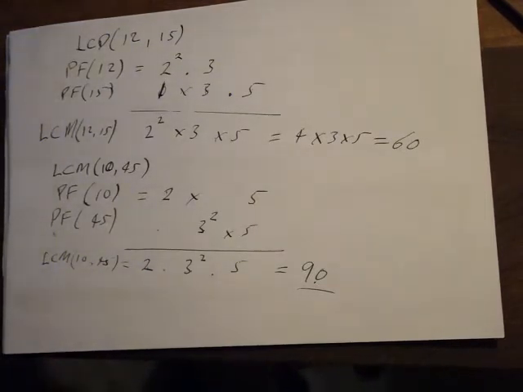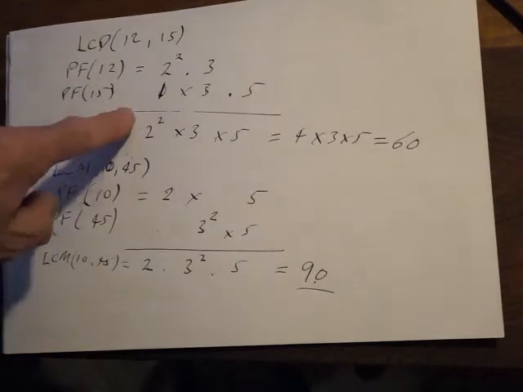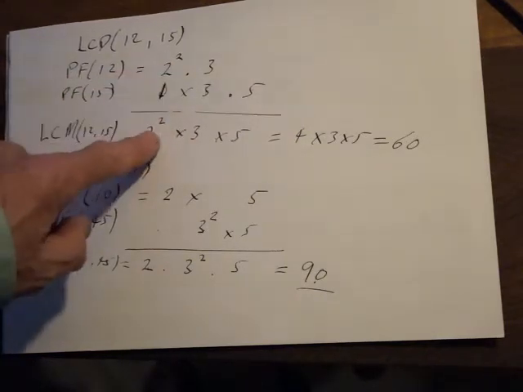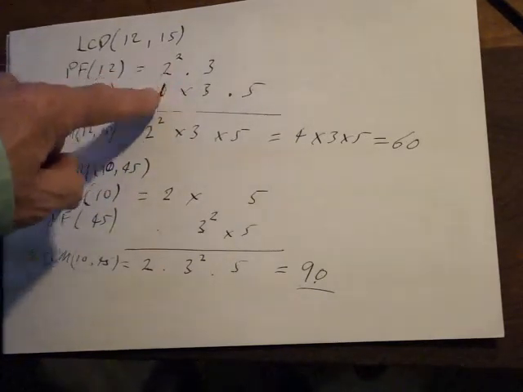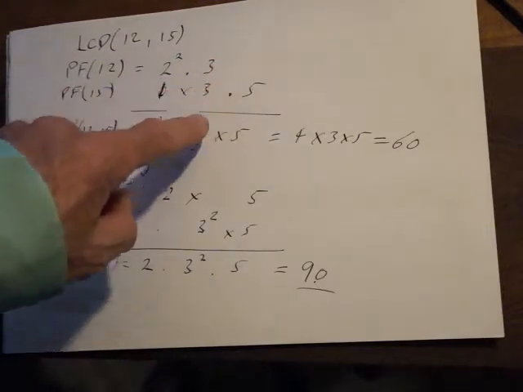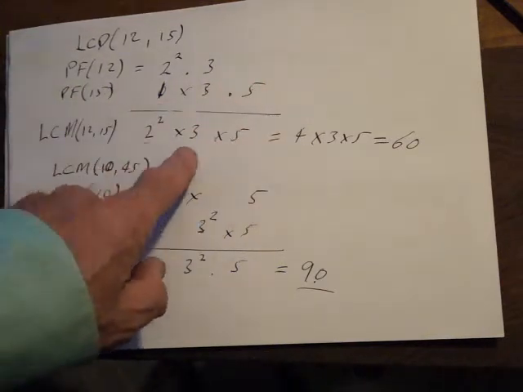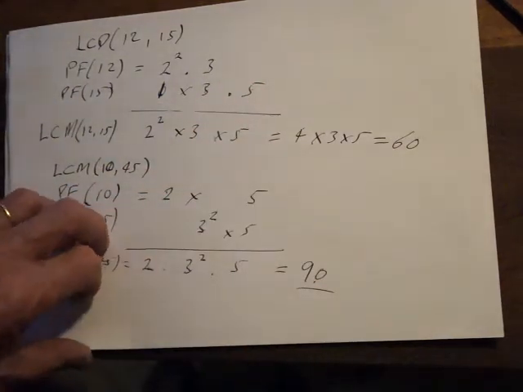So the way of getting the lowest common multiple is to take the prime factors of each of the numbers and look for the biggest one of those factors. In the case of the factors of 2, 2 squared. In the case of factors of 3, well, it's all the same, so it's just 3. And this one is a 5, gives us 60, gives us 90.